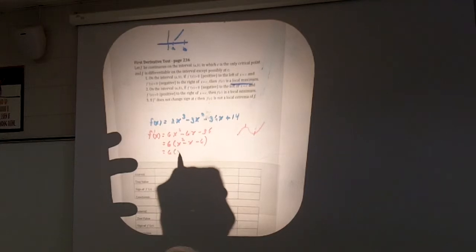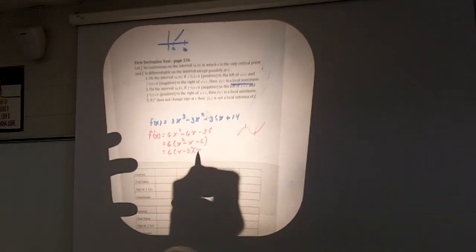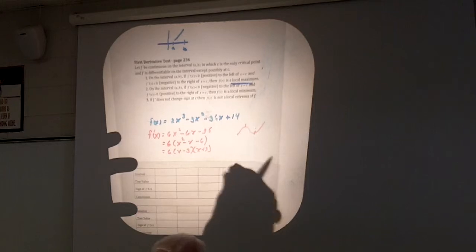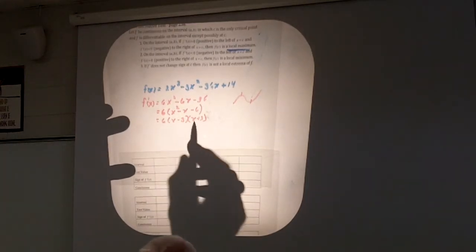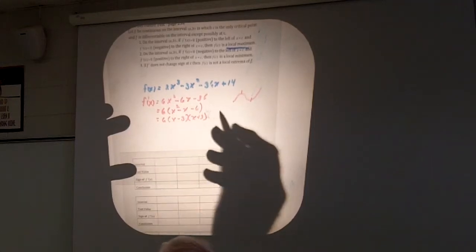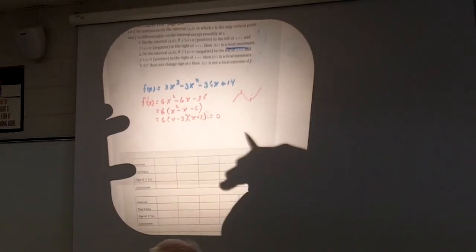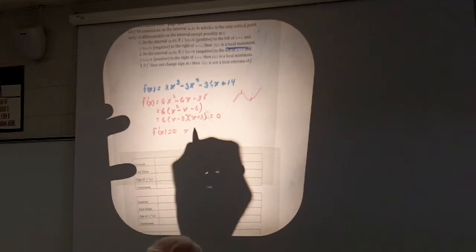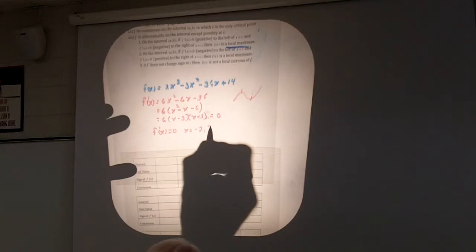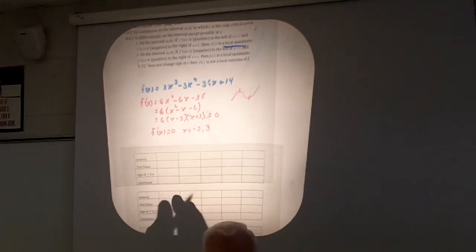And so this becomes... See that? Are you with me? Guys back there? Now, that's a little bit why I was doing that little bit of work in the beginning. Now, notice here, we have two places where I would like to make this equal to 0. So f prime at x equals 0 when x is equal to -2 and 3. So those are the critical points.